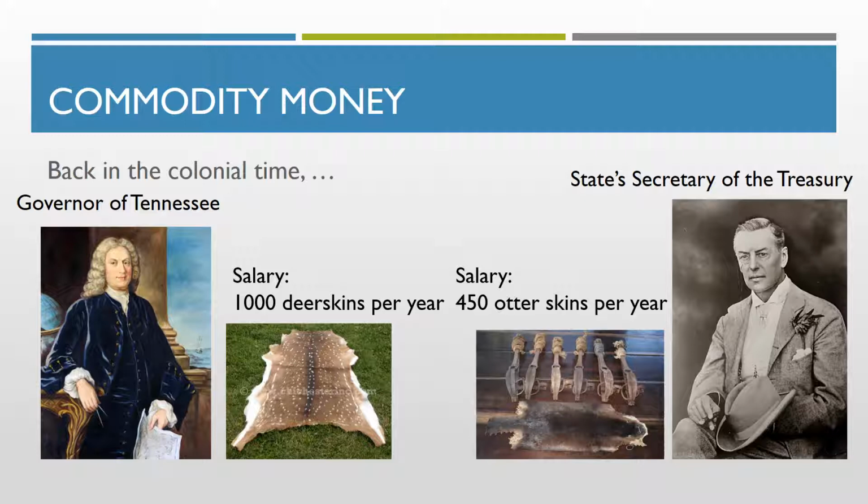Deerskins, otterskins, or any kinds of animal skins were widely accepted as commodity money back in the time because they can be used in many different things. Those animal skins can be cut and customized to make something else, like bags or clothes. That's the reason why people widely accepted animal skins as a form of exchange.